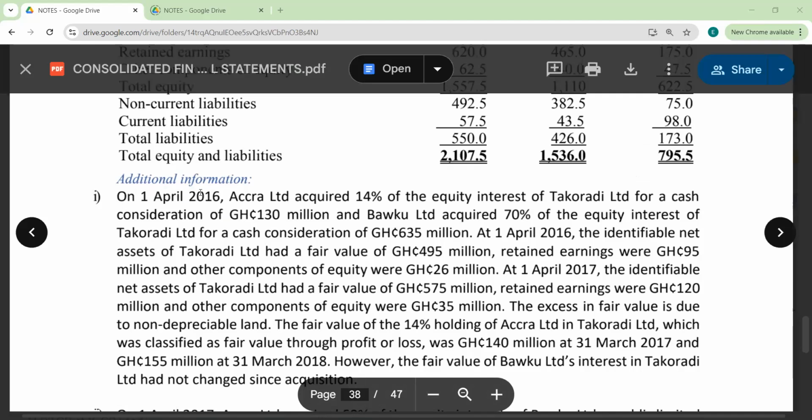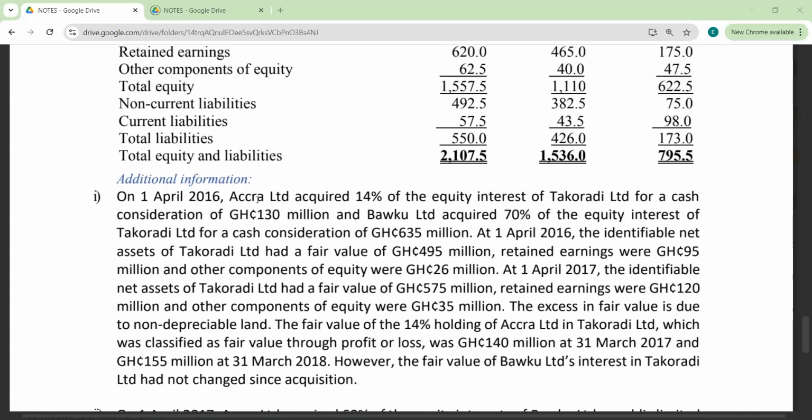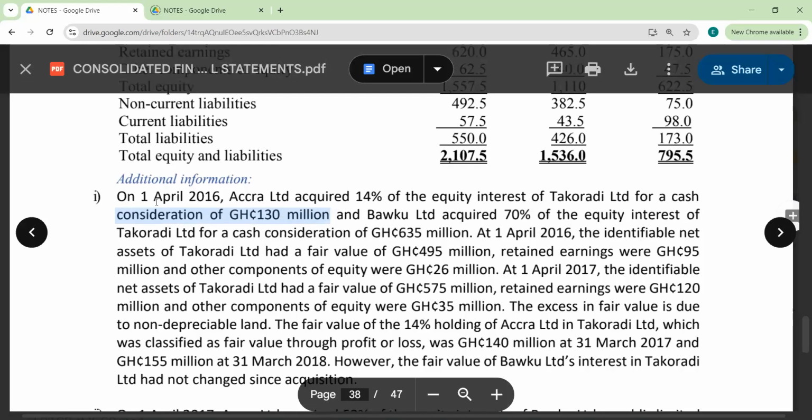It says on 1st April 2016, Accra Limited acquired 14% of the equity shares of TAD for a cash consideration of 130 million. On the same date, Bokun Limited acquired 70% of the equity interest of TAD for a cash consideration of 635. This is a complex group structure.